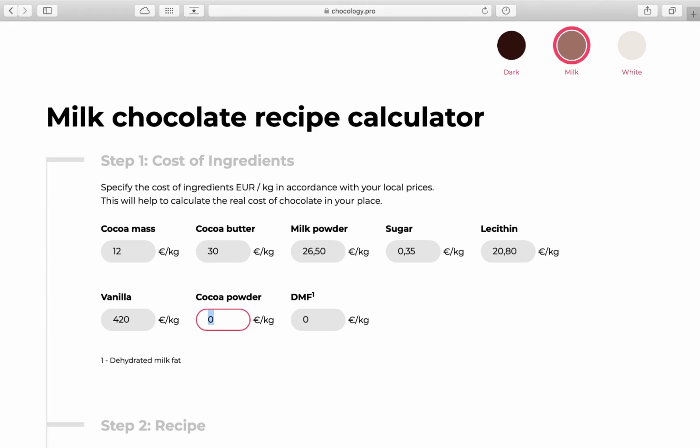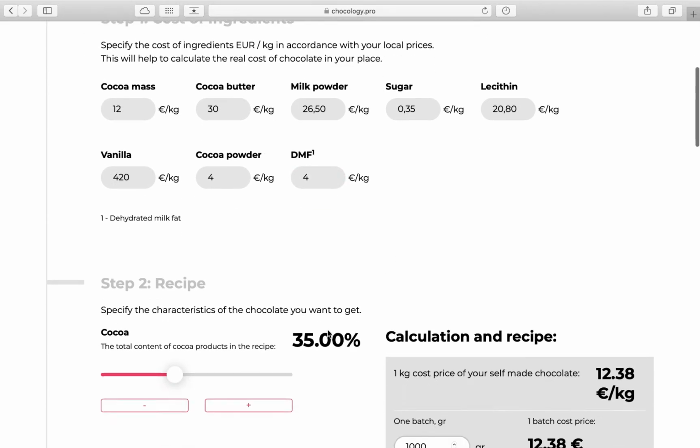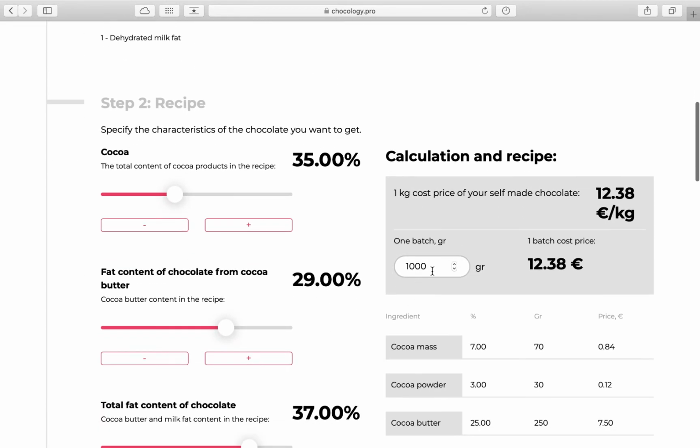I leave cacao powder 4 euros per kilogram, and one more ingredient is DMF. DMF is dehydrous milk fat. Imagine that it is butter in which there is not a drop of water. It is 100% milk fat. 4 euros per kilogram. We put again 25 kilograms of chocolate, batch volume.